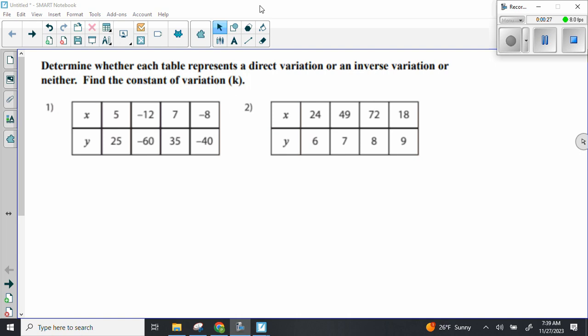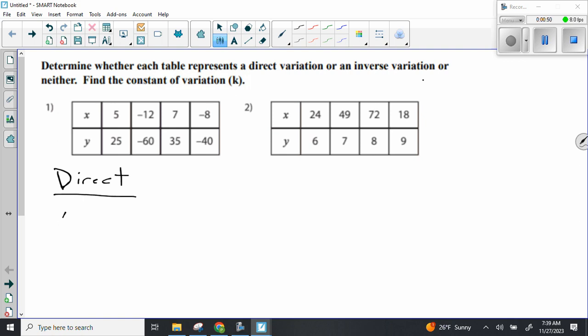The first thing we're going to talk about is whether we have direct variation, inverse variation, or neither. What we're going to do is check. Remember, for direct variation, we check that y equals kx, and also that k equals y over x.